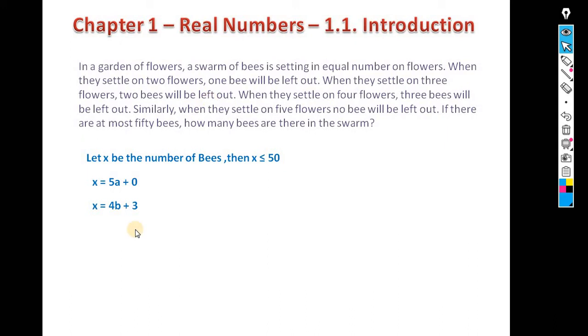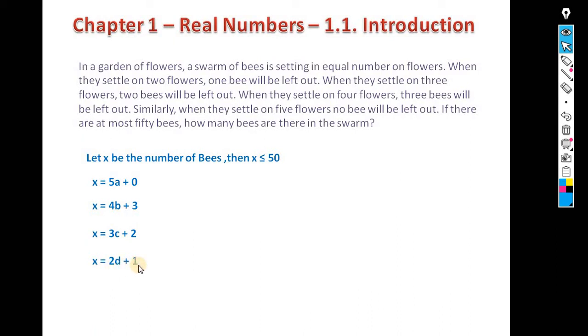X is equal to 3C, where C is again a natural number, the equal groups, plus 2, the remainder, the remaining bees left out. And finally, when they settle on 2 flowers, X is equal to 2D plus 1.